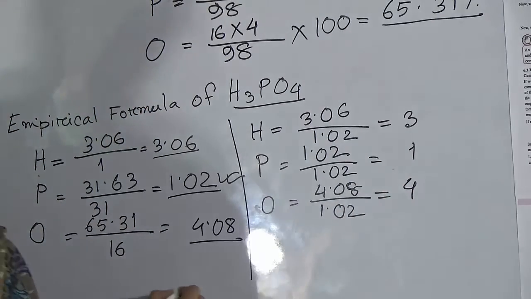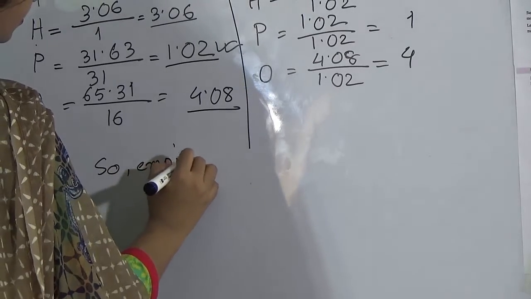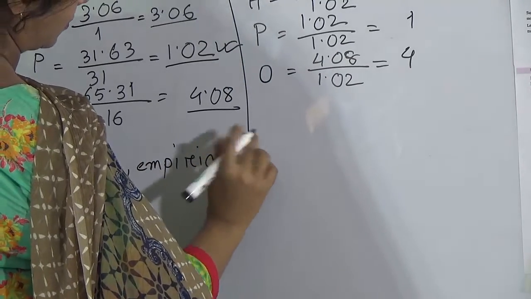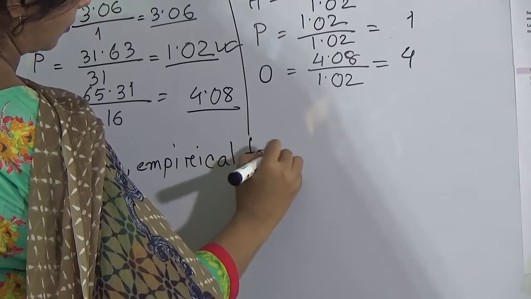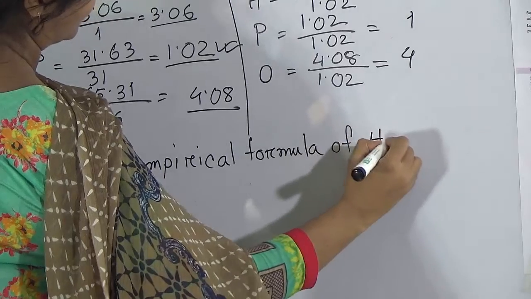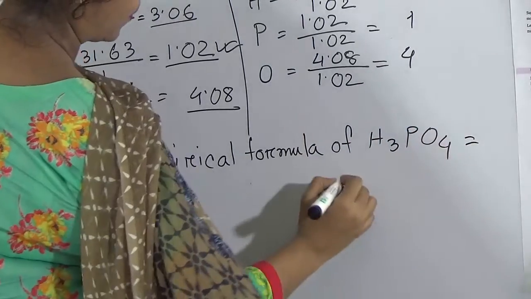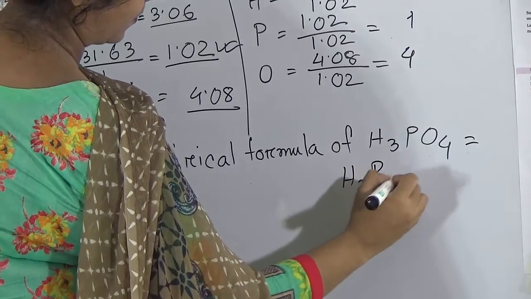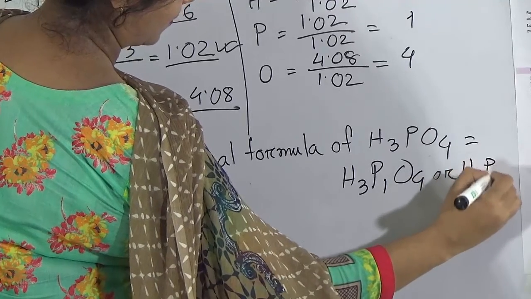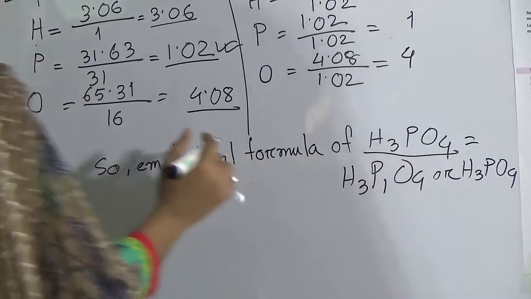So the empirical formula of phosphoric acid is the same as the previous formula.